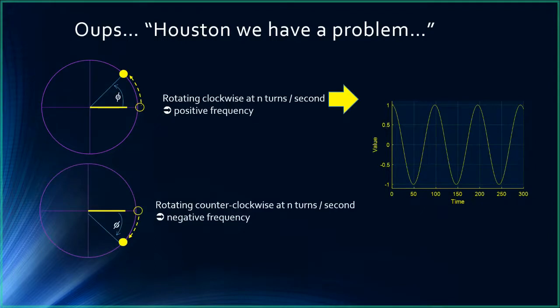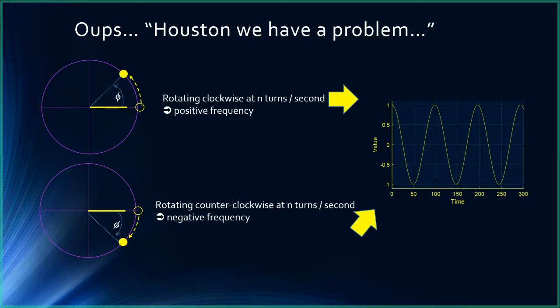Now we repeat the same experiment, but we go the other way around. We turn clockwise now. Sorry for the mess on the slide. And the problem we have here is that we have the same plot in the end, because this plot is in fact wrong. There is one piece of information that is missing: in which way we are going.